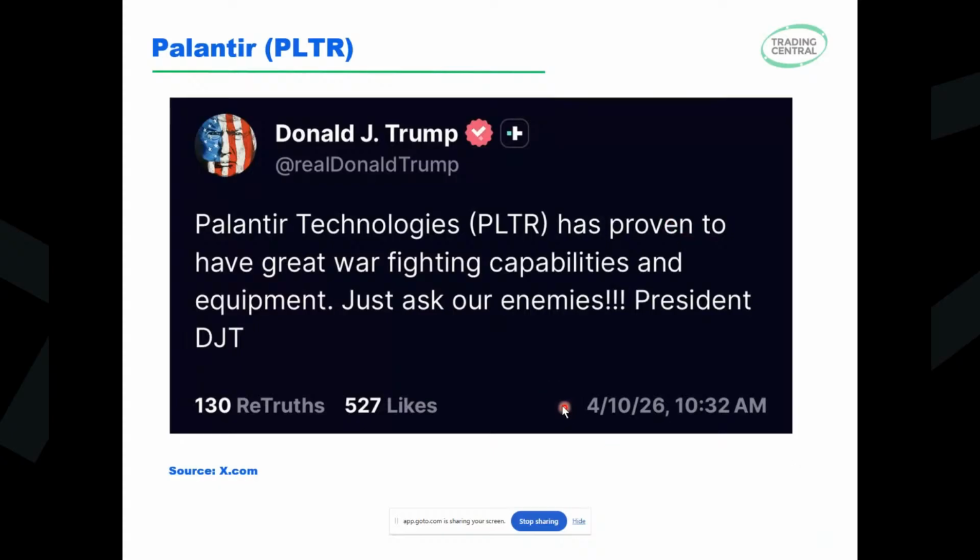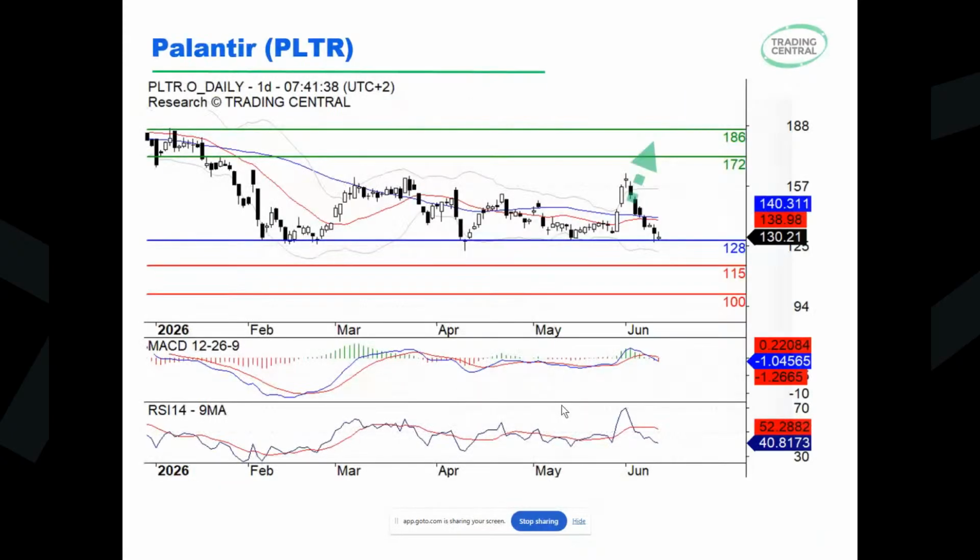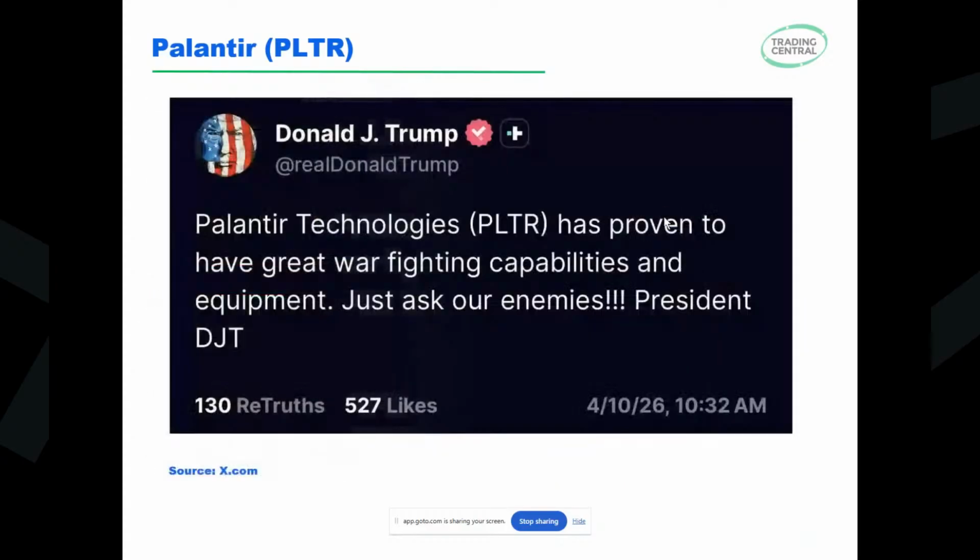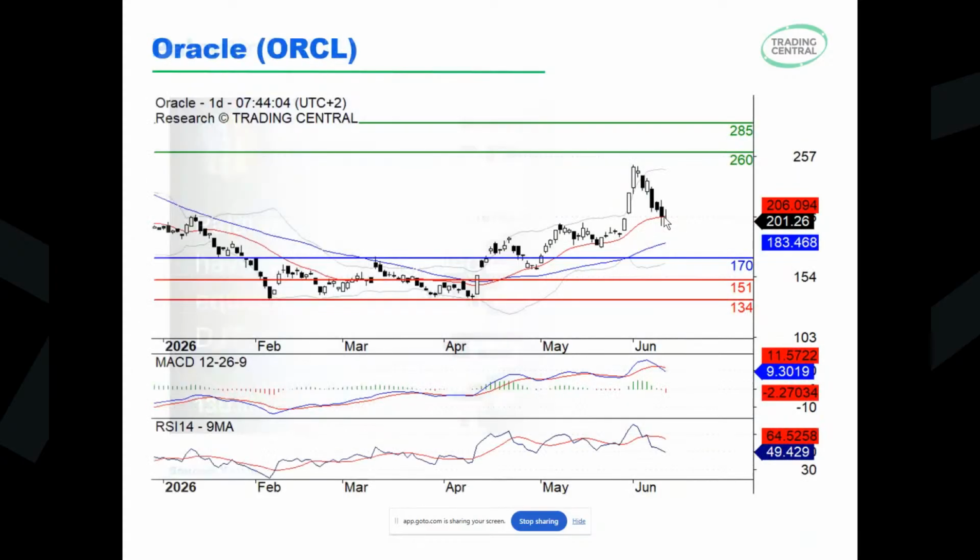In April it really went up a little bit, but still went back to the downside. And also Oracle, a software stock.